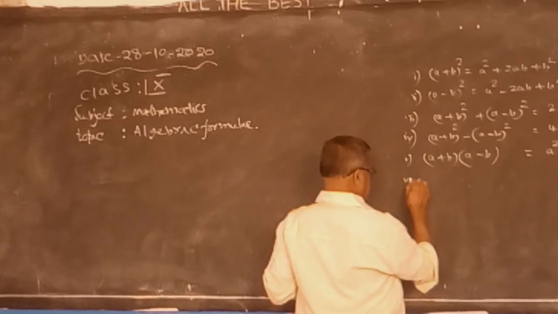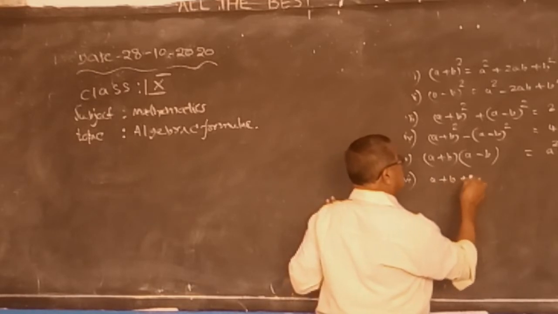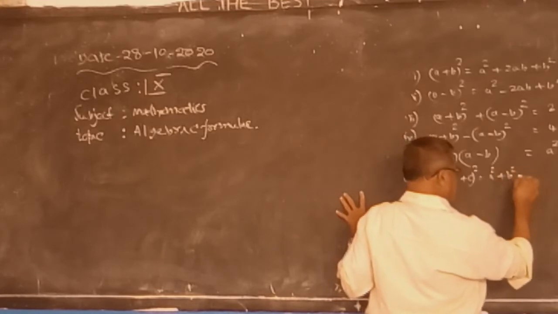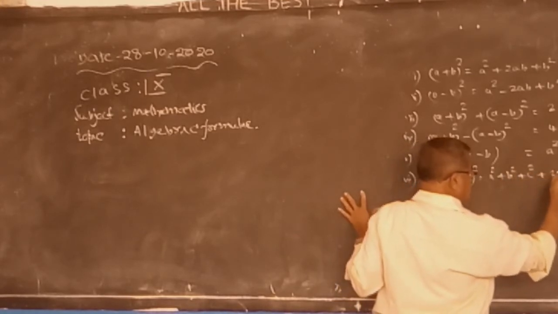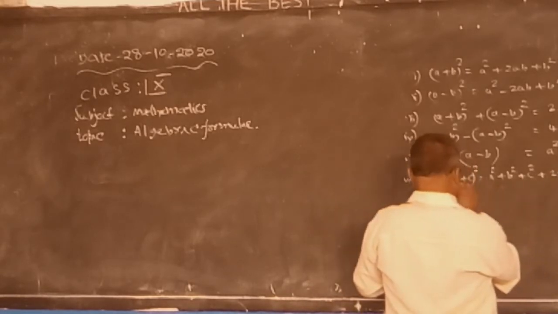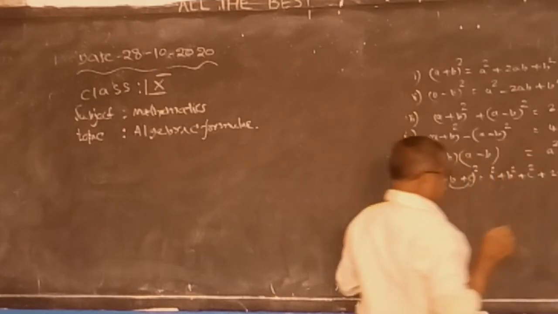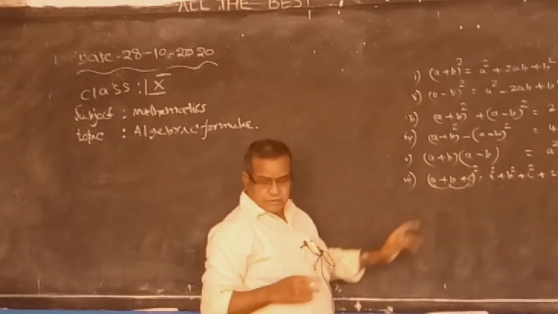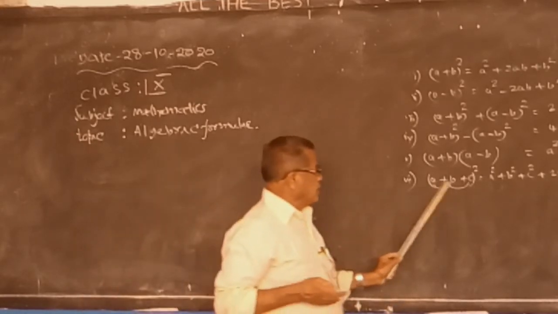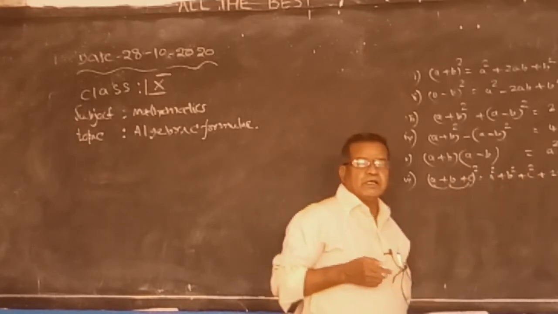And sixth, (a plus b plus c) whole square: a square plus b square plus c square plus 2ab plus 2bc plus 2ca.